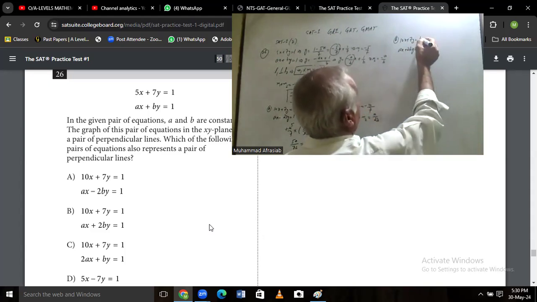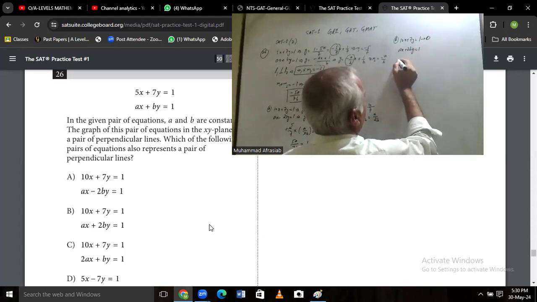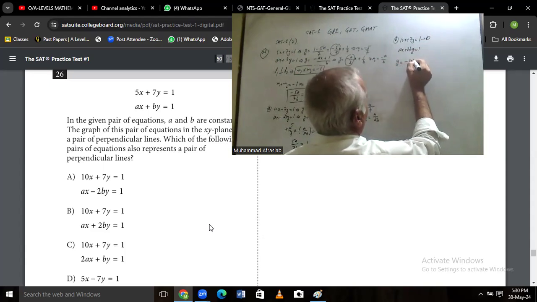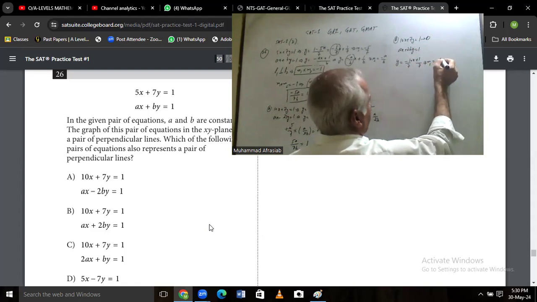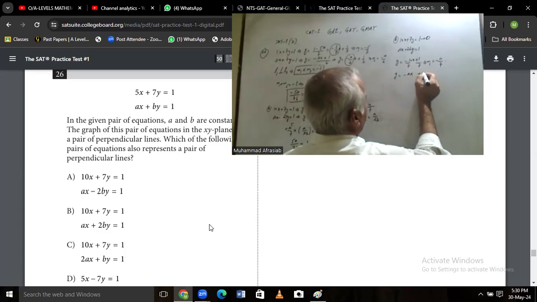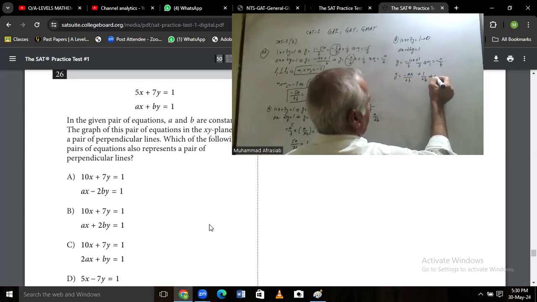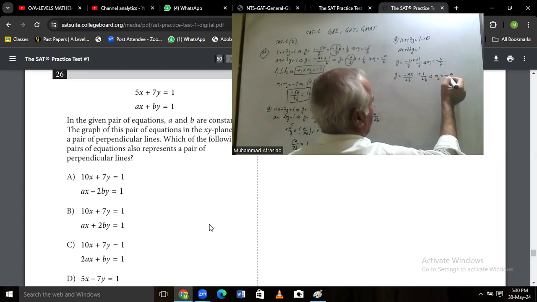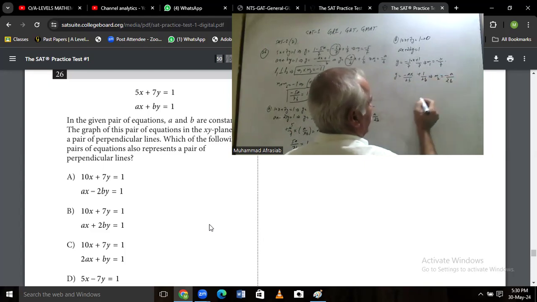So from this one, y is equal to minus 10x plus 1 over 7. So the slope is equal to minus 10 over 7. And for the B part, y is equal to minus ax plus 1 over 2b, all over 2b. So the slope m2 is equal to minus a over 2b.